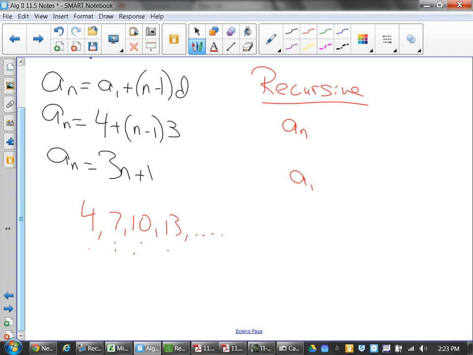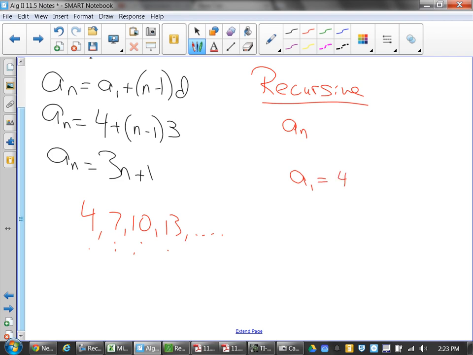Because if I just say add 3 to the previous term, well, we can start at 2 and go to 5, 8, 11, and so on. I can start at 0, 0, 3, 6, 9, 12, and so on. I don't know where to start that formula. But if I tell you to start at 4, and then each other term is 3 more than that, we know it's 4, 7, 10, 13. Does that make sense?